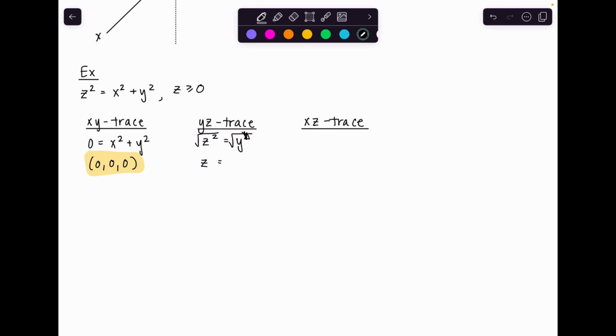So instead of these two just canceling out, you actually get the absolute value of y. If you don't do that, you'd end up with z equals y, which is just a single line, and that doesn't work out for us. And again, this is because our z value, we're told, is non-negative. Okay, so we're only getting that positive case here. So this is our second trace.